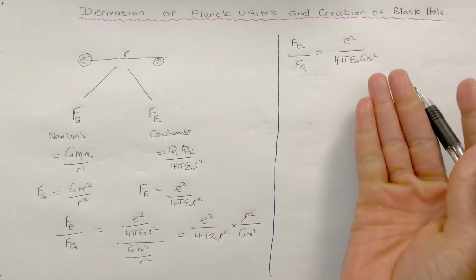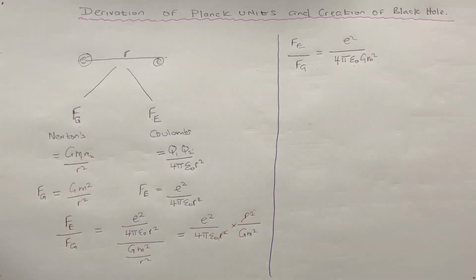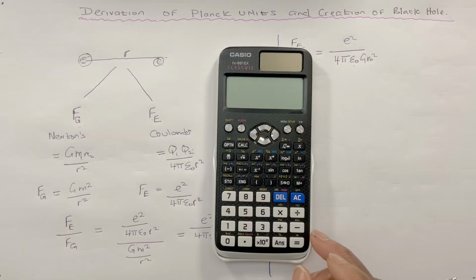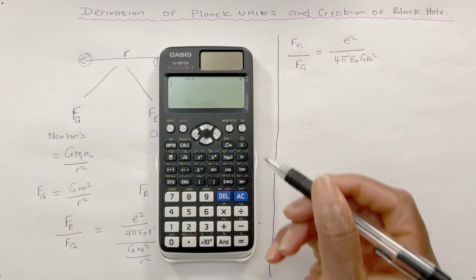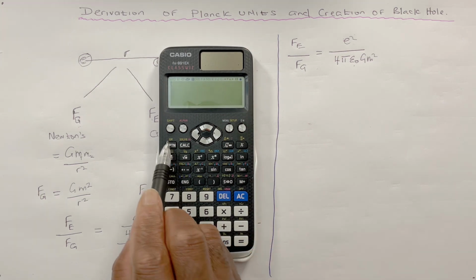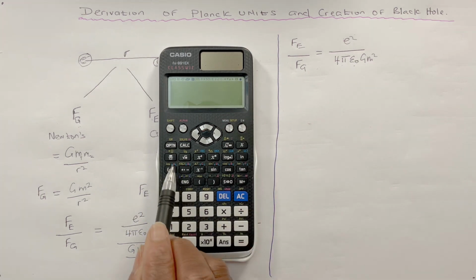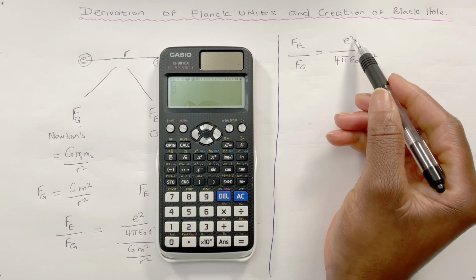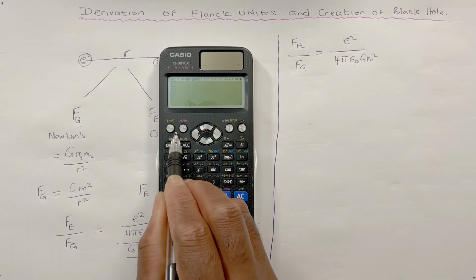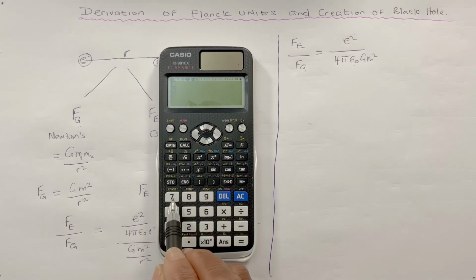What we can do is plug these values in, but I'm going to use a calculator to do that, so that'll be quicker. I'm going to turn that on, and because it's a fraction, I'll put a fraction key there, and I need the e squared. I can get that through shift, constant, 7.